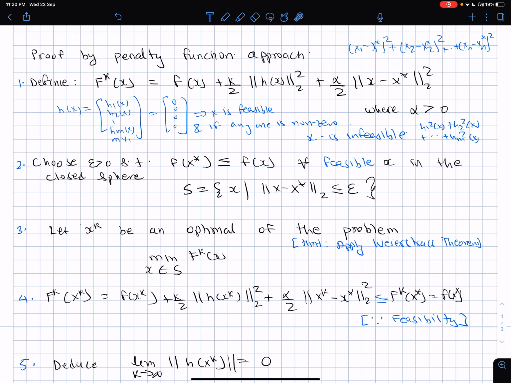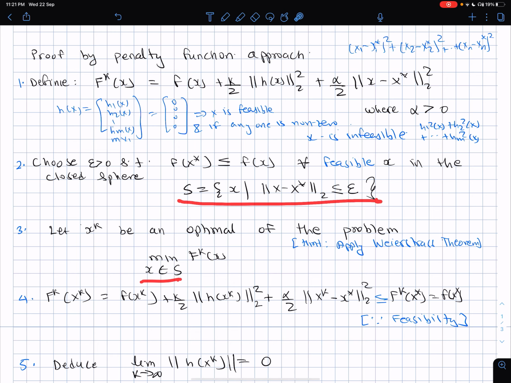So to do that, we have to consider the limit k tending to infinity, which means we are now going to consider a sequence. Therefore, let xk be an optimal solution of the problem. What is the problem now? Minimize F of k of x, which is the objective function plus the penalty function plus this technical term, over the set S.